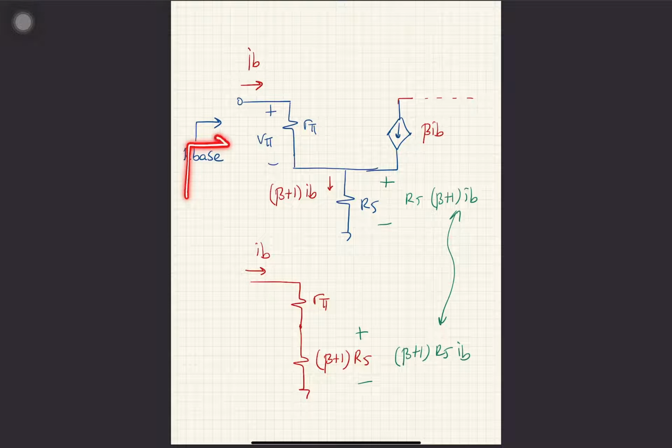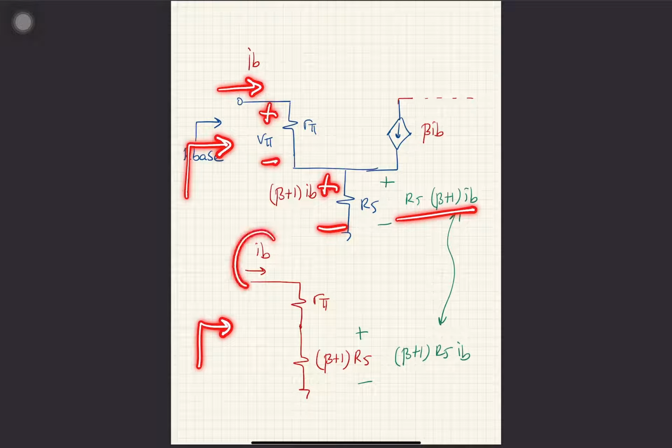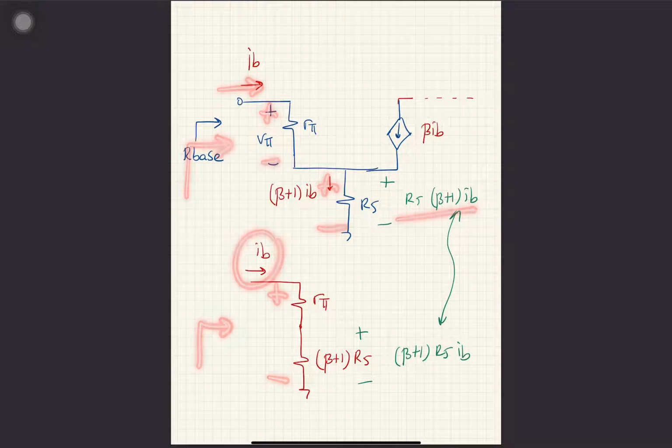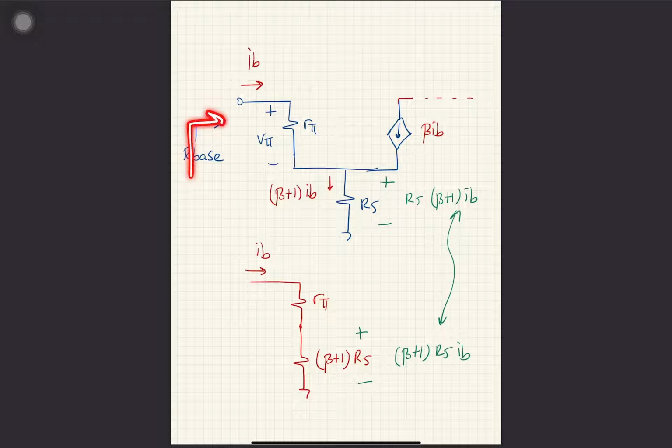When you are looking from here, nothing changed. You still have I base current passing. You still have V pi plus this voltage. Look at the bottom one. When you are looking from here, the current is the same. The potential drop is the same. These two circuits are mathematically equivalent if you are looking from the left-hand side.